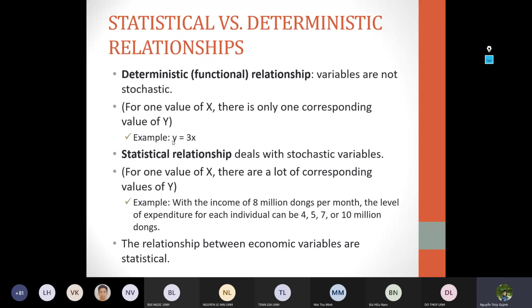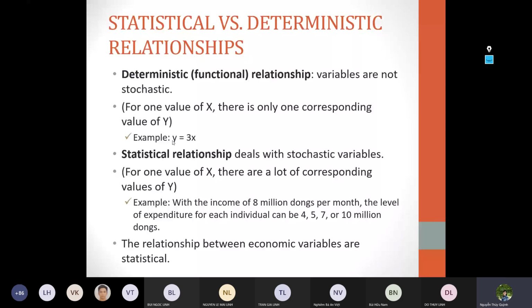That is what we call the statistical relationship. And as you see, the relationship between economic variables is a statistical relationship, because in reality there are a lot of factors that affect the value of one variable.